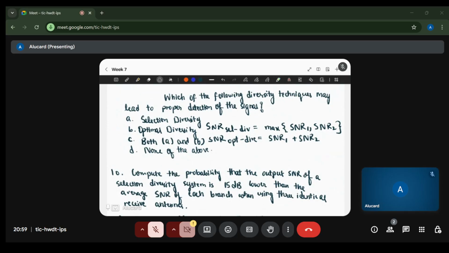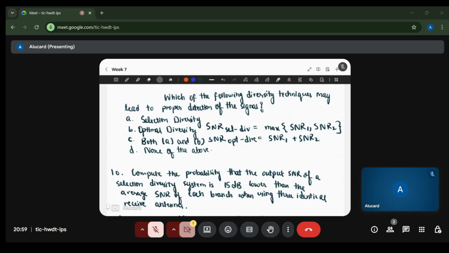Since one of the signals has SNR above the threshold, the SNR of selection diversity will also be above the threshold. Since SNR is a positive quantity, the sum of two SNRs is greater than each of the individual SNRs. So the SNR of optimal diversity is greater than SNR threshold, since one of the SNRs was above the threshold value.